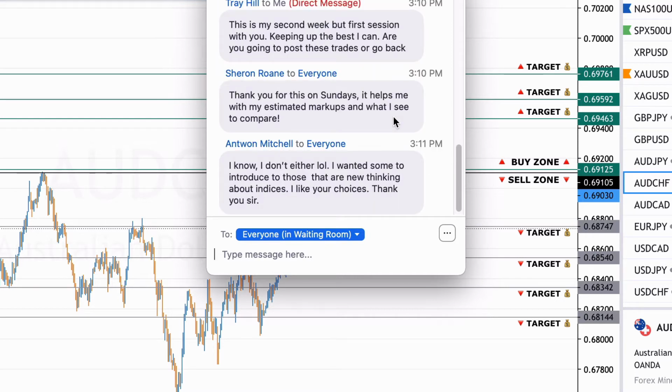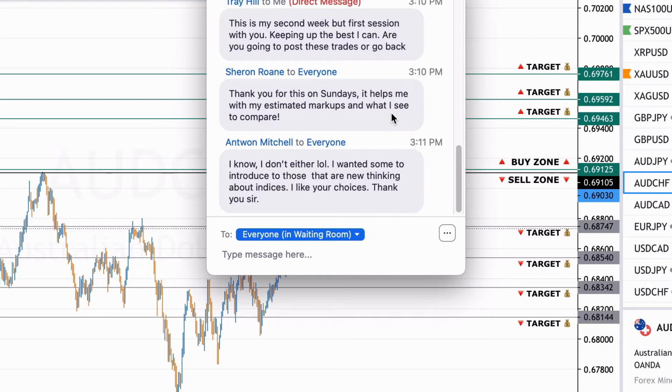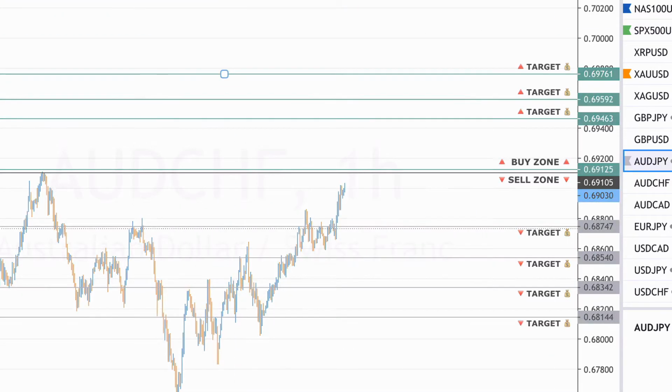I'm going to post these trades or go back. They're posted in the group. Cool, Sharon. I like that people are starting to get it. Cool, Antoine. Cool. All right.